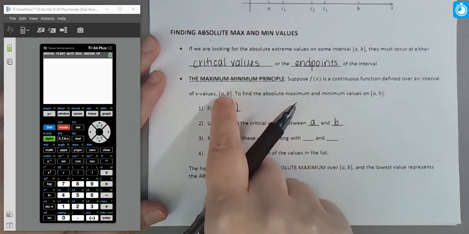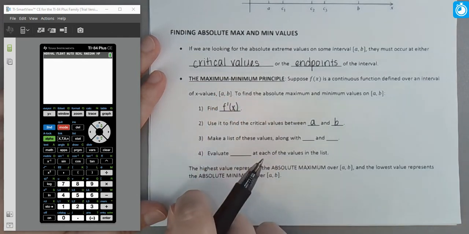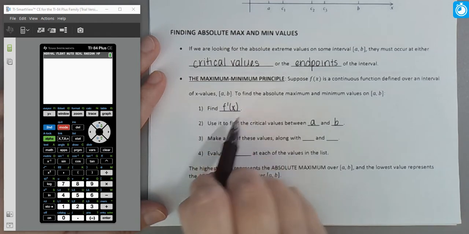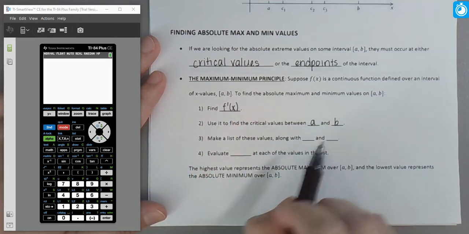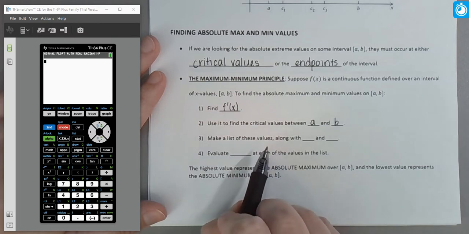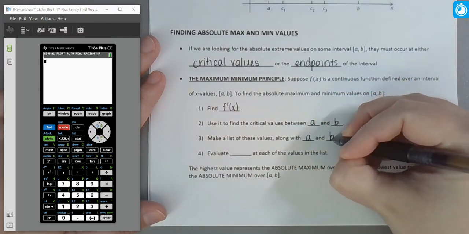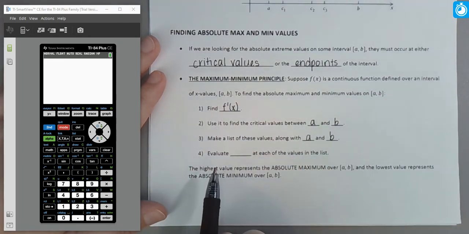We're only looking at this particular range of x values. So we're only interested in values between those two endpoints. So we want to find critical values based on our first derivative that occur between those two endpoints. So we're going to make a list of all of these values, and we're also going to add the values a and b, which again represent the endpoints of the interval we're checking.